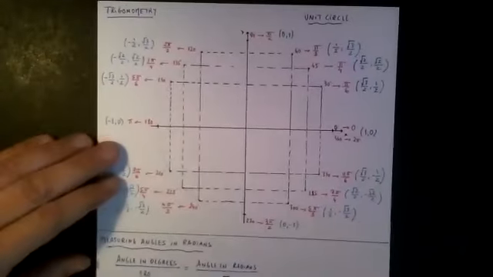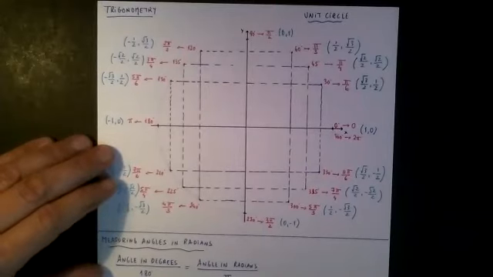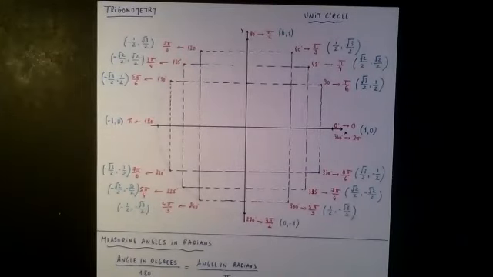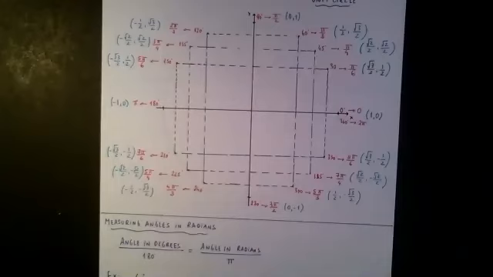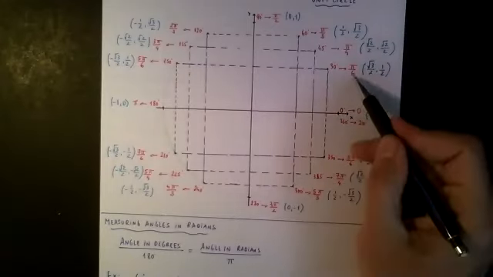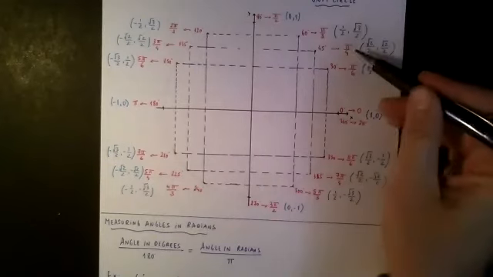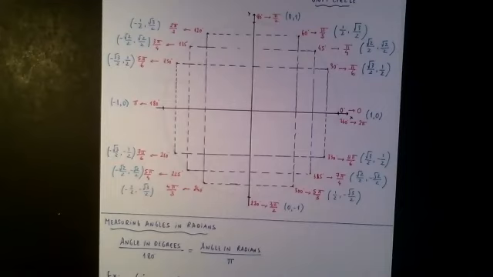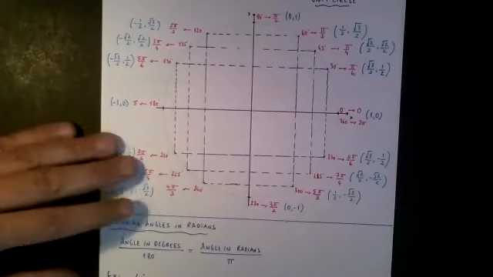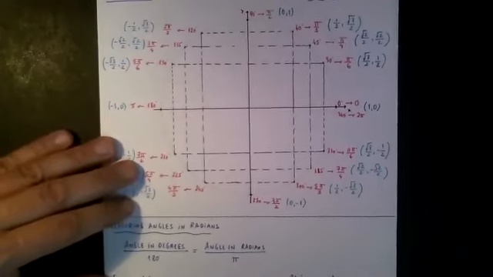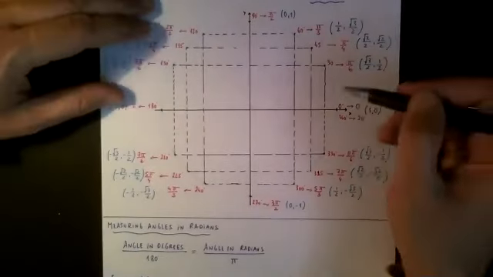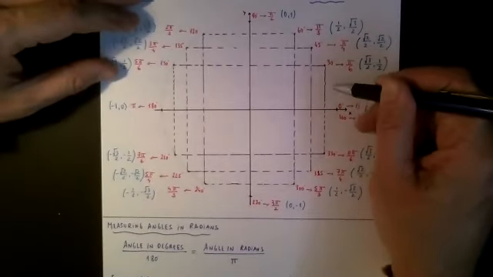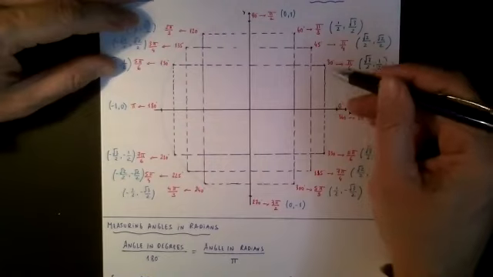Okay, so let me just give one quick note on what radians mean. So what do these values mean? Pi over 6, pi over 4, pi over 3, these ones. They're a way to measure an angle. Or what it actually means, it's the length of the arc from here to here.